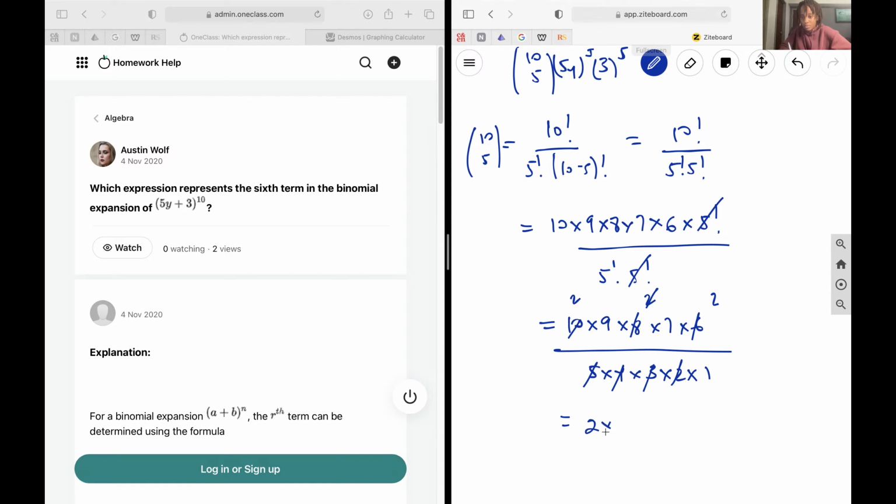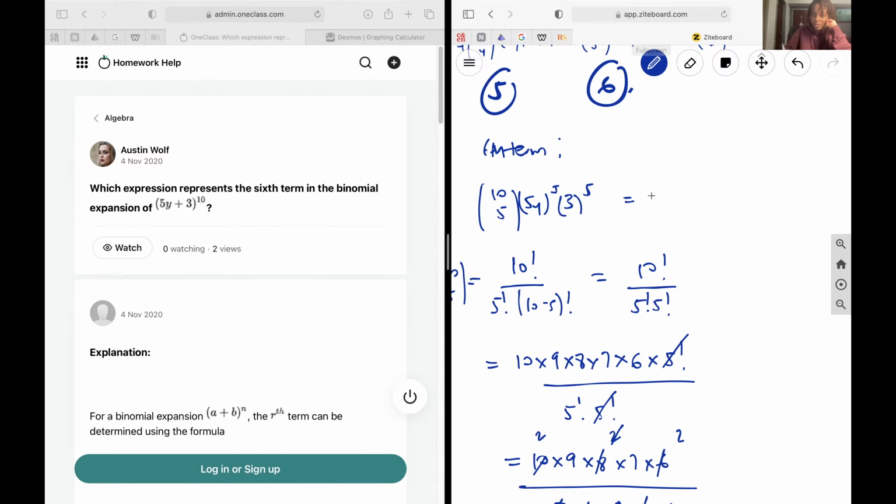And this will leave me with 2 by 9 by 7 by 2, and that's going to give me 252. And so I'm just going to put that right here. This will be 252 by 5y to the power of 5 by 3 to the power of 5.